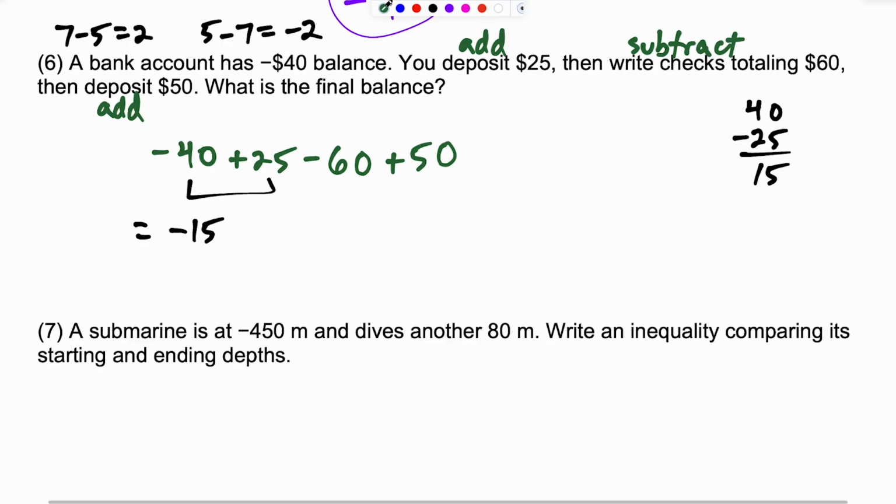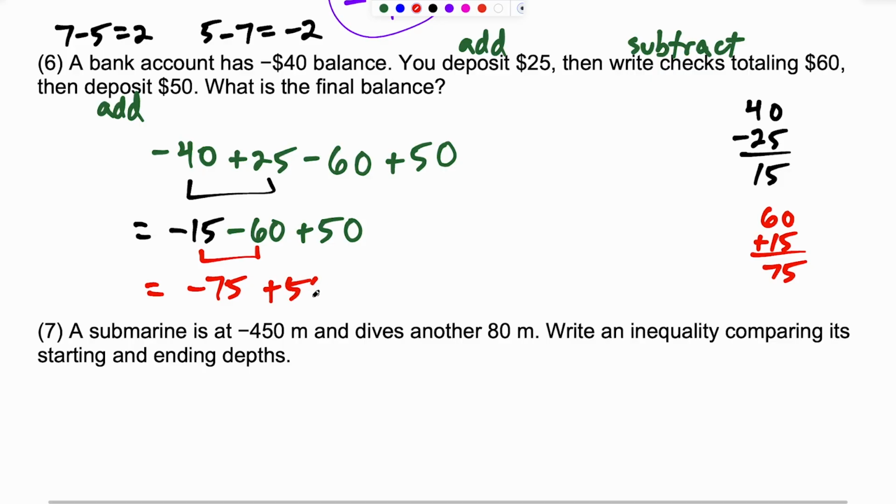So now we could write the rest. So now we have negative 15 minus 60, and then we just write that plus 50 at the end. So now for the next piece here, we are doing negative 15 minus 60. And for that, I'm really just doing 60 plus 15 is 75. So we get negative 75 and then plus 50.